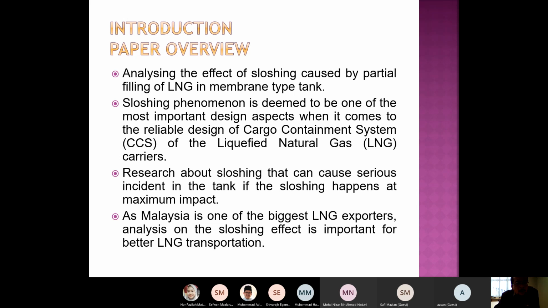Sloshing is deemed one of the most important design aspects when it comes to reliable design of the cargo containment system of LNG carriers. Research about sloshing is important because it can cause serious incidents in the tank if sloshing happens at maximum impact. Malaysia, as you know, is the biggest LNG exporter, so analysis on sloshing effect is important for better LNG transportation.